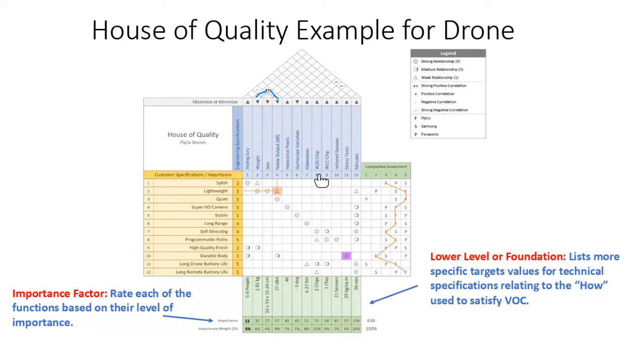So this processor chip is consuming a lot of energy. That's why it has a strong negative correlation. If there is no relation, you can leave it empty. Again, this roof side is always done by the engineers. They know better about those interrelations between the specifications.